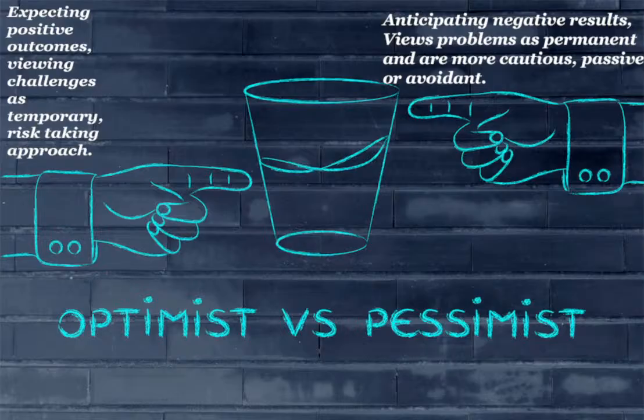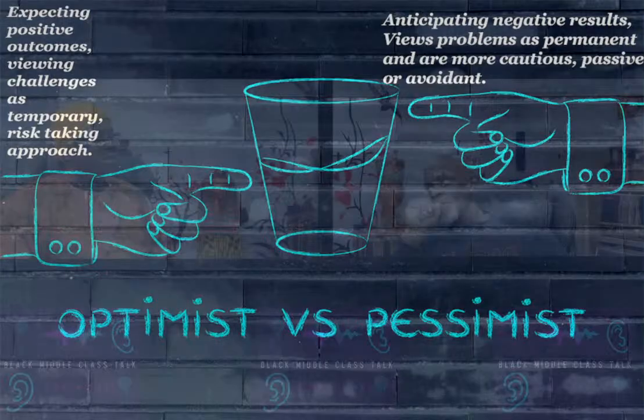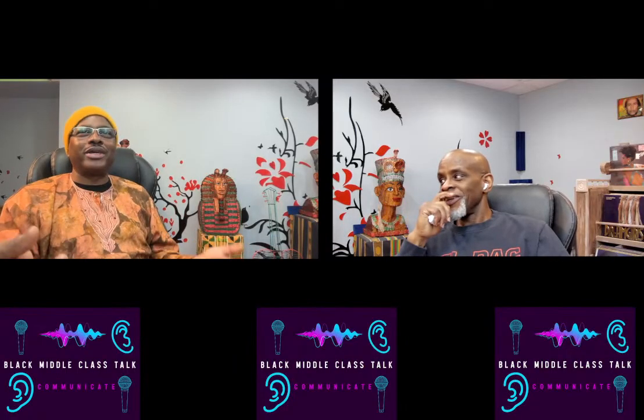And then you have pessimists anticipating negative outcomes, problems, and so forth. Being a pessimist is somewhat being negative, we would say, and the optimist is somewhat being positive. Would we agree with that? That's the definition, what you just said. Right. Positive. I wanted to break it down right.